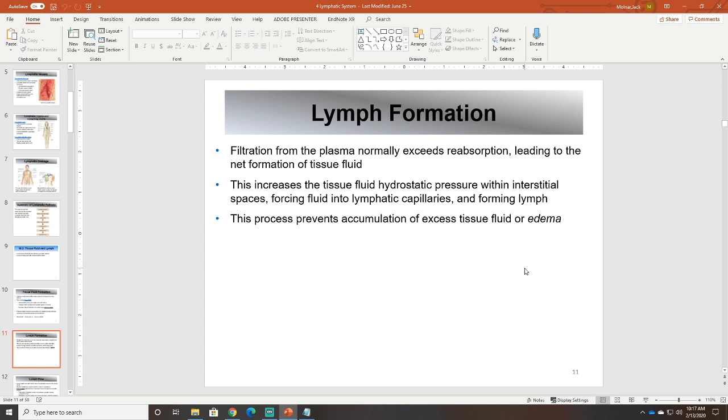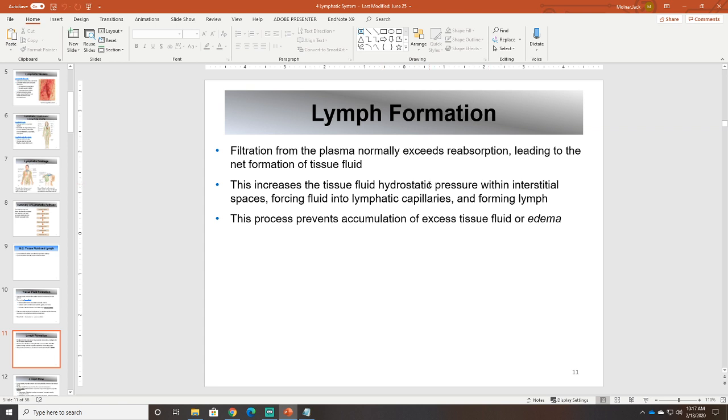So filtration from the plasma normally exceeds reabsorption, as we said. More water flows out of the blood capillaries into the tissues than is picked up by the blood capillaries. So that leads to an accumulation of fluid in the tissues. And so this excess fluid, as it builds up in the tissue, is under higher and higher hydrostatic pressure.